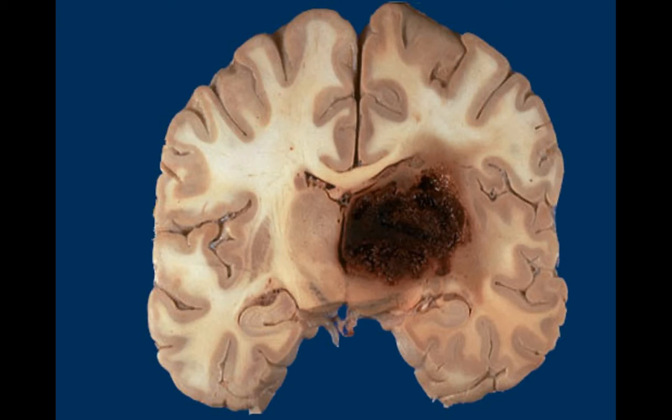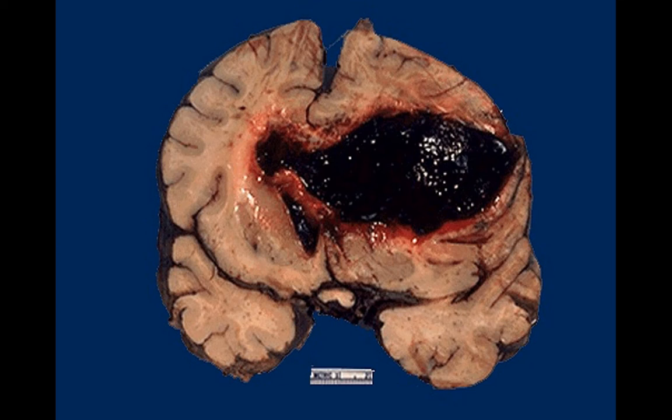This is another region for bleeding that has occurred, and again, this is another traumatic brain injury, and this is due to another type of gunshot wound. Another gunshot wound.